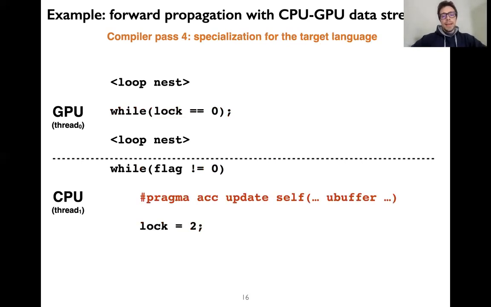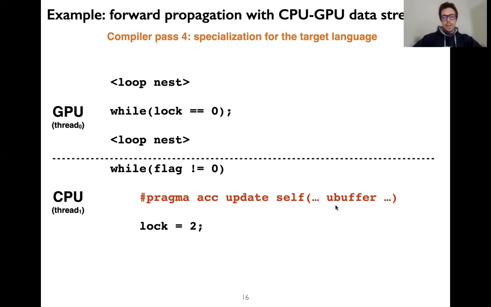And finally, we do what we call the specialization for the target language. Until the fourth pass, there's no trace of the language that we are going to use to generate the code that we are going to run. It's only when we reach this pass that we decide to start using a concrete language to implement specific actions.